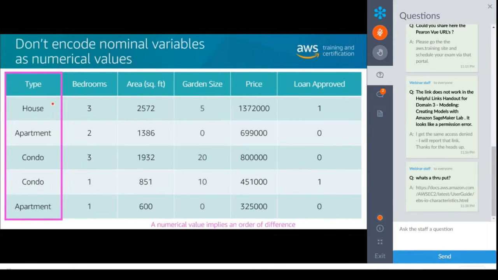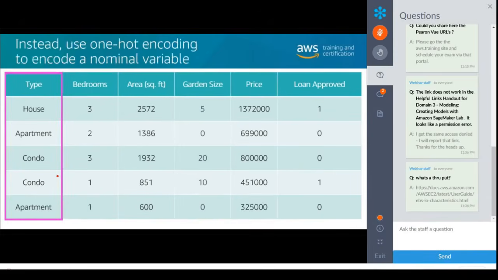So if you assign house to 1, apartment to 2, and condo to 3, we might be saying that condos are more valuable than apartments, which are more valuable than houses. And this could be very risky. This could be extremely bad if this happens to be something related to, let's say, gender or race or something like that, right? So you wouldn't want ordinality to be suddenly implied.